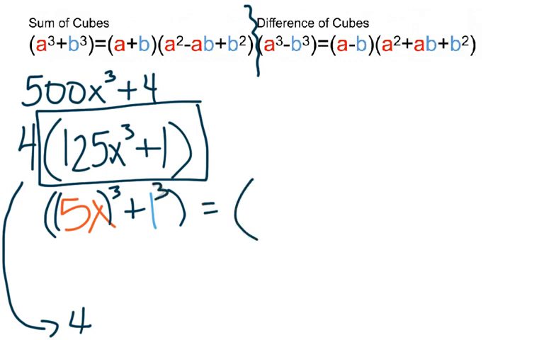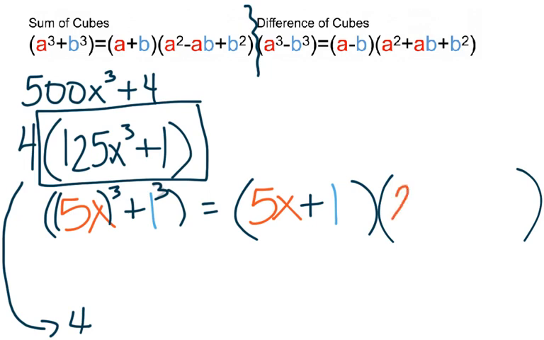Alright, and now I'm going to use the formula up at the top. The very first thing I found, 5x plus 1, those were the two things being cubed. Then in the next parentheses, the first thing being cubed was 5x. If I square 5, I get 25, and if I square an x, I get x squared. Minus sign.